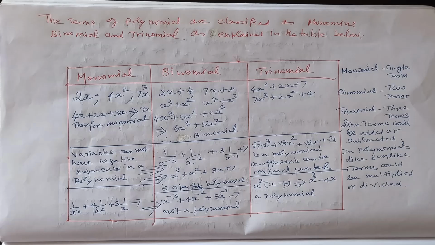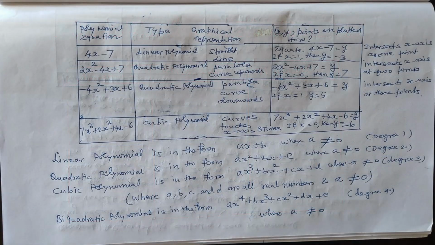Monomial is a single term, and 4x plus 2x plus 3x is a monomial. It's not a trinomial because they could be added together. They are like terms. Similarly, the polynomial 4x minus 1 is a linear polynomial. Graphical representation is a straight line.